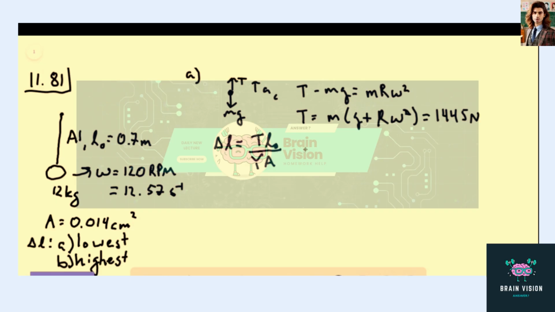You can look up the Young's modulus for aluminum in the table somewhere in the chapter. And so you find doing this that the elongation is going to be 1 centimeter.